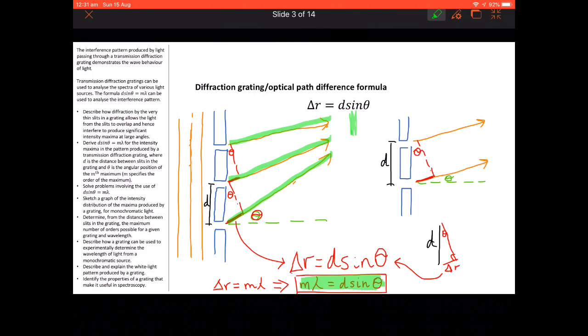And the reason that we can assume that is because the distance between each slit in the grating is so small compared with the distance to the screen, which is L. So we just end up assuming that the light waves, which are modelled as rays in this diagram, are parallel because they pretty much are, but obviously they're not exactly parallel because that would be impossible. But that's the assumption that we have to make.